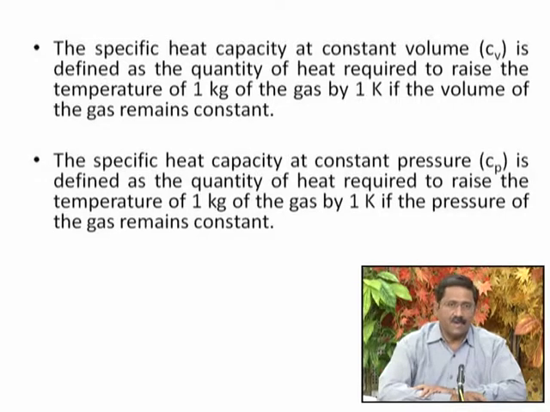So when we talk about the specific heat for a gas, we have two specific heats. One is at constant volume, Cv, and the other is at constant pressure, Cp. The heat we supply while the volume of the gas remains constant gives Cv, and when the pressure remains constant, it is the specific heat at constant pressure, Cp.